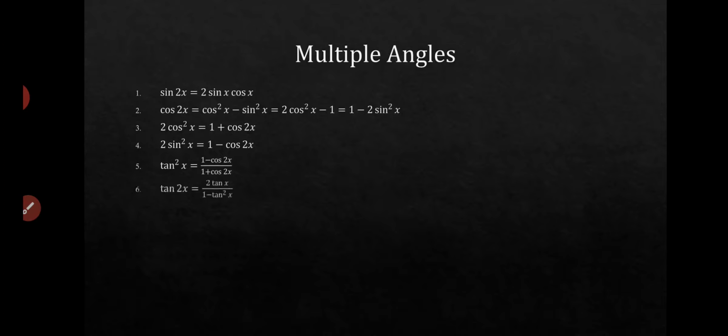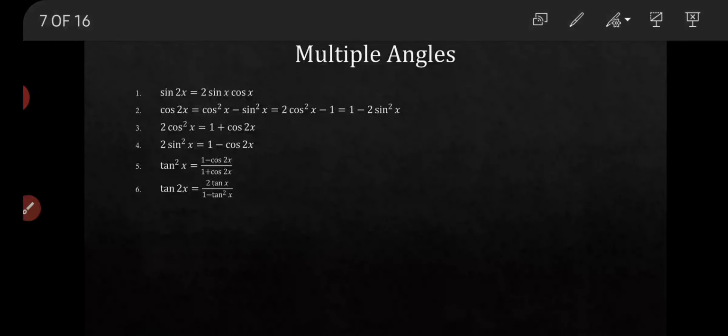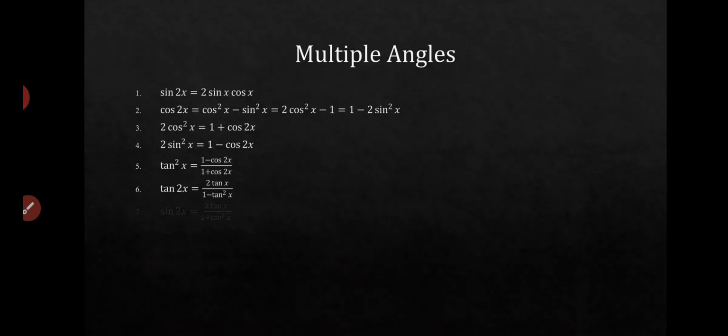If you just put it in the tan a plus b formula, you get it. Then I have sin 2x formula in terms of tan, and it can be written as 2 tan x by 1 plus tan square x. And again we have cos 2x formula, that is 1 minus tan square x by 1 plus tan square x.